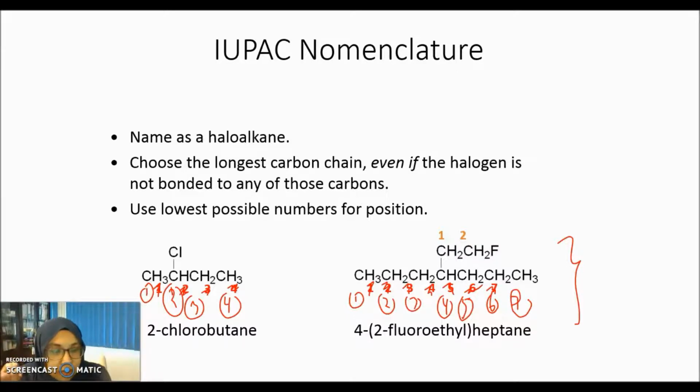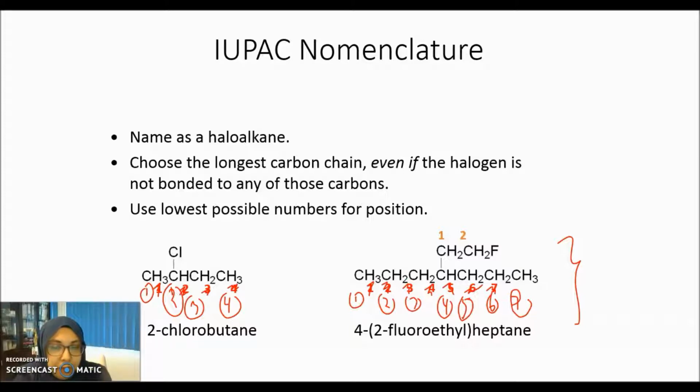At the ethyl substituent, we also have the presence of a halogen atom, in this case, fluorine. Therefore, this is like inception, if you recall my explanation earlier. It is a substituent in a substituent. Okay, now fluorine here is a substituent for the ethyl, not for the entire heptane.